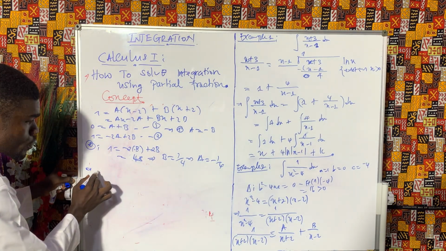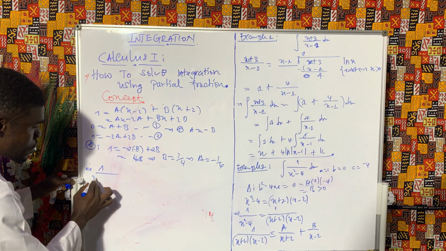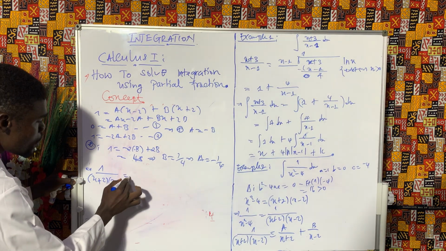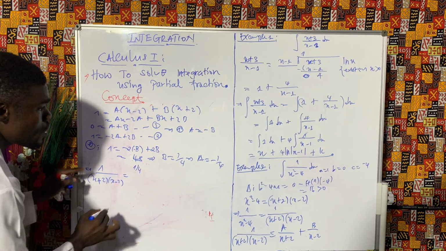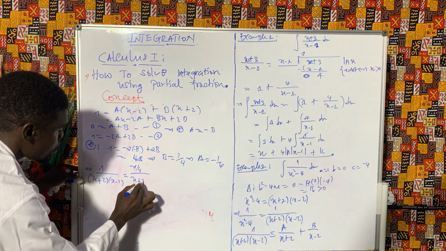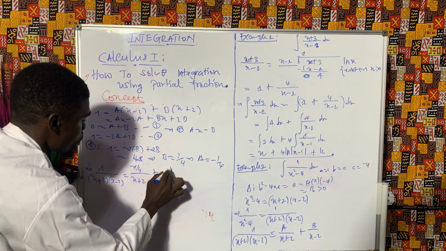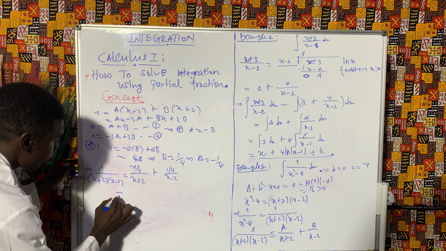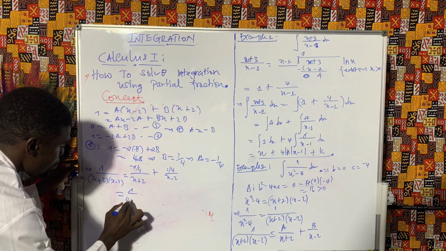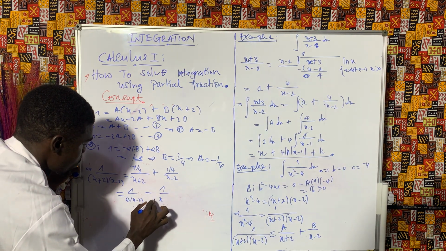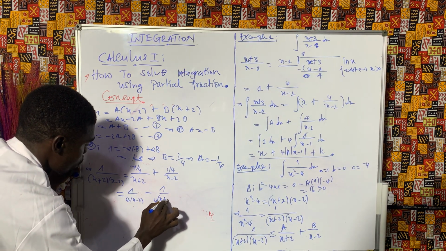So our function becomes negative 1/4 over x plus 2 plus 1/4 over x minus 2. We can just rearrange the function: 1/4 over x minus 2 minus 1/4 over x plus 2.